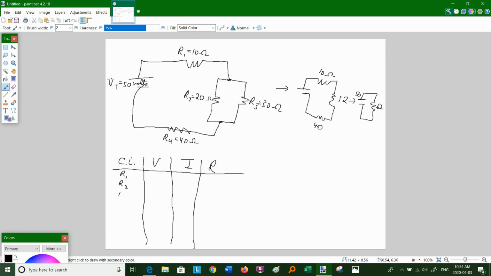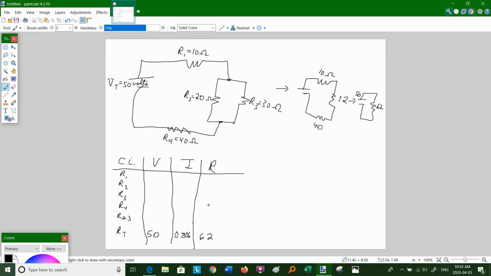R1, R2, R3, R4, and then I'd have R23, and then R total, which is R1, 2, 3, 4. So the voltage is 50. The overall resistance was 62. So then my current I is V over R, 50 divided by 62, 0.806. I'm going to go to 3 decimals so we don't round off too much.